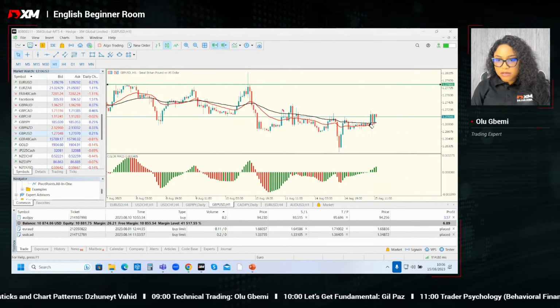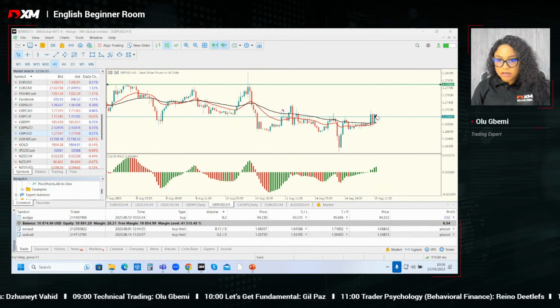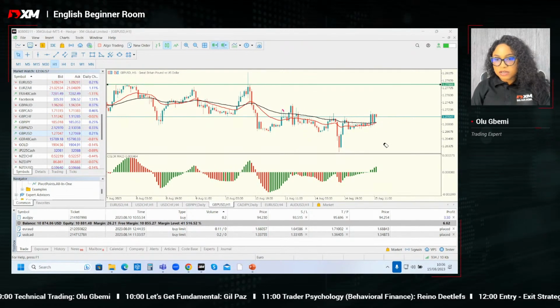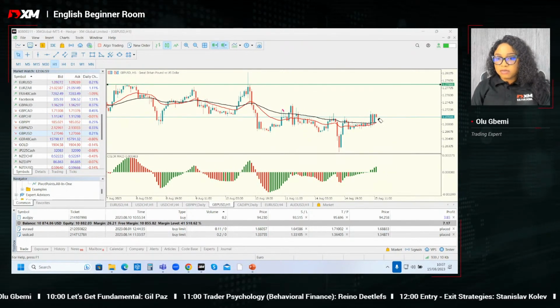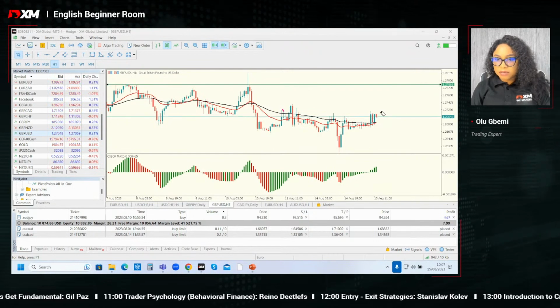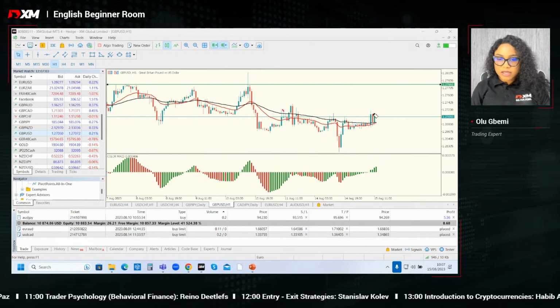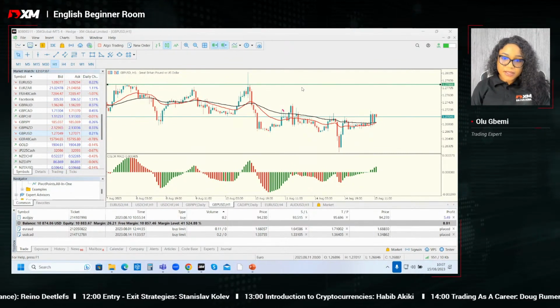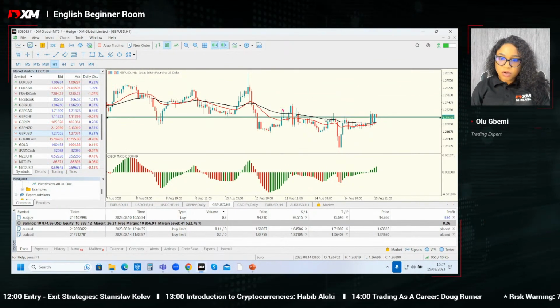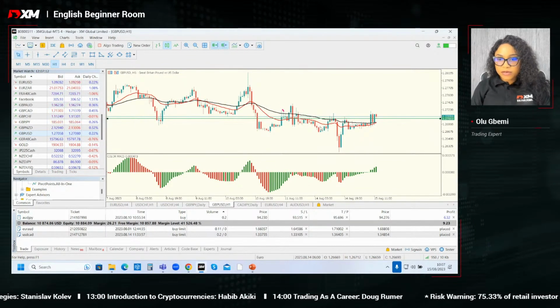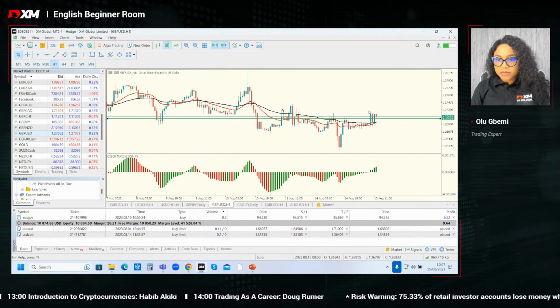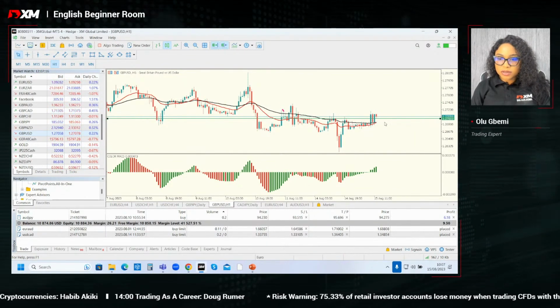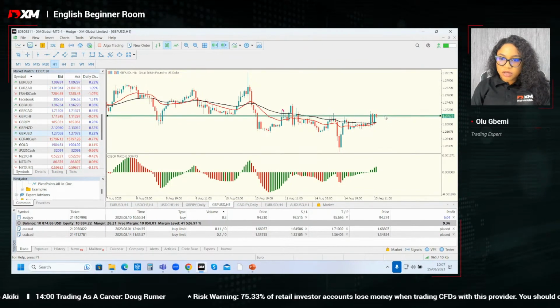Sorry, I would have bought it somewhere here, but now it's retracing. It's even better for me because I'll be able to reduce where my take profit would have been because I would have entered above it. So I think I would want to join you here based on what I'm seeing on the 1 hour time frame. I have an inverted head and shoulders. There's a breakout, there's a retest, another break. So let's go in and do a buy.